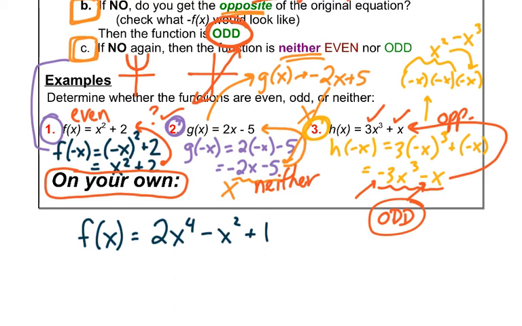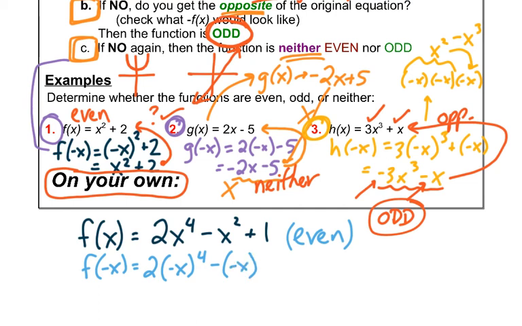All right, friends, let's take a look. I think when I've done this one before, this one should be even. Let's see what happens. Ready? F of negative x, all right, negative goes for all x's, 2 negative x to the fourth minus, okay, watch this. I have a minus on the outside and a negative x on the inside, plus 1.